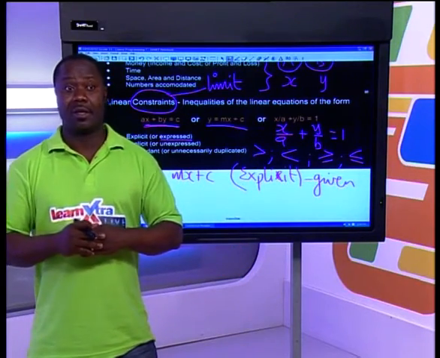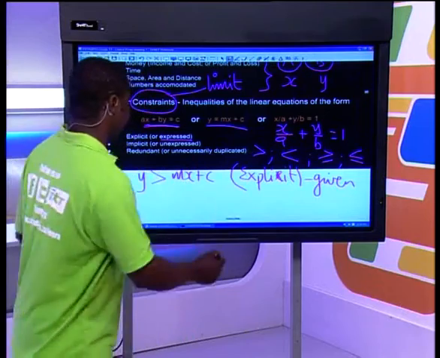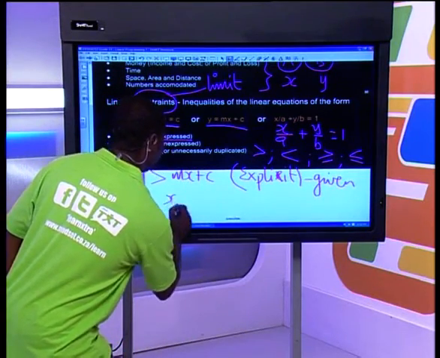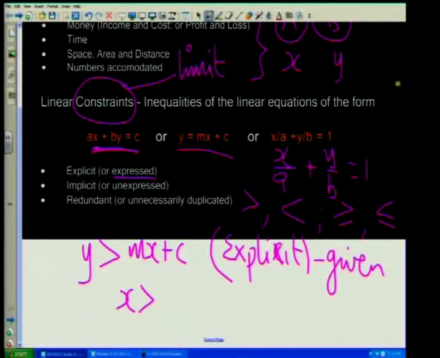And as a result, you say, let's say you've got X and Y. So you'll be saying X must definitely be greater than, or it could be 0. Either you buy nothing, or you buy a positive quantity. And you could also have Y greater than or equal to 0.